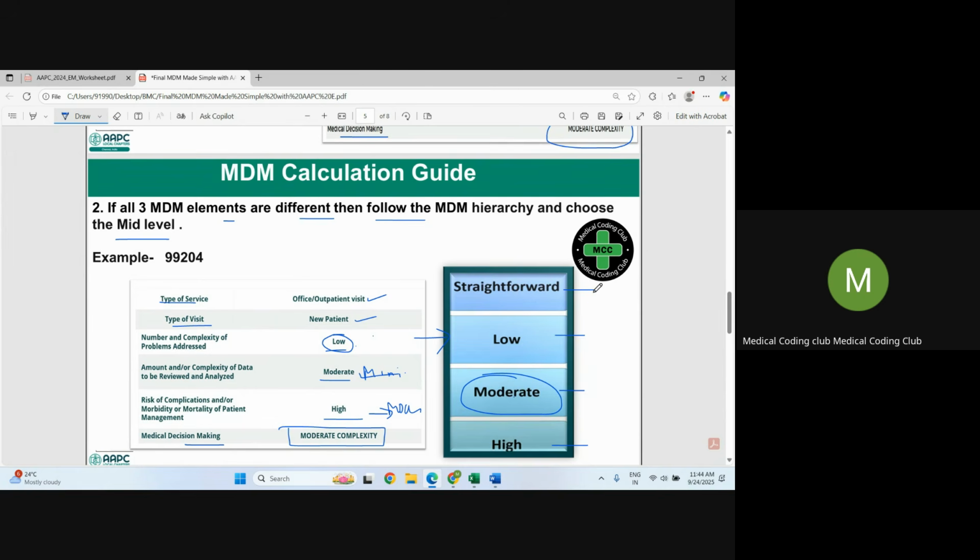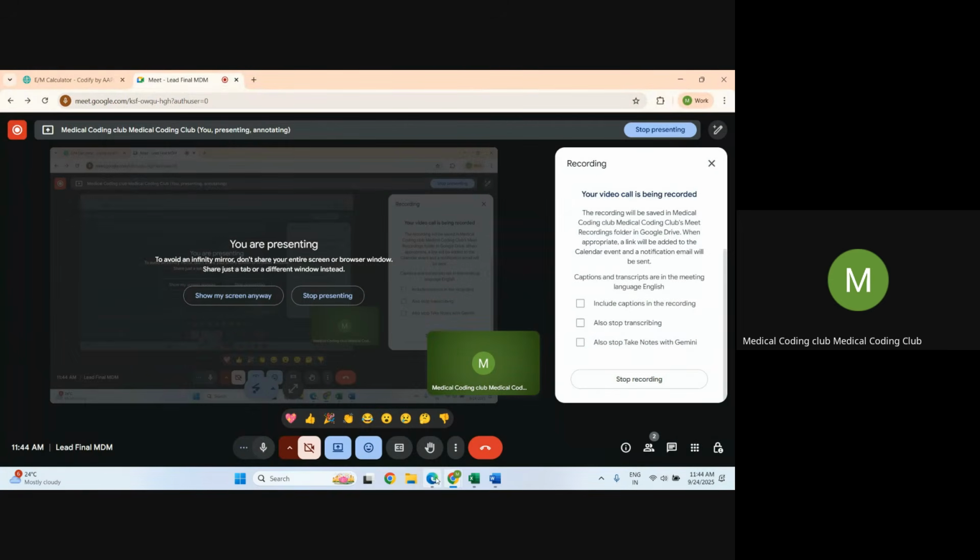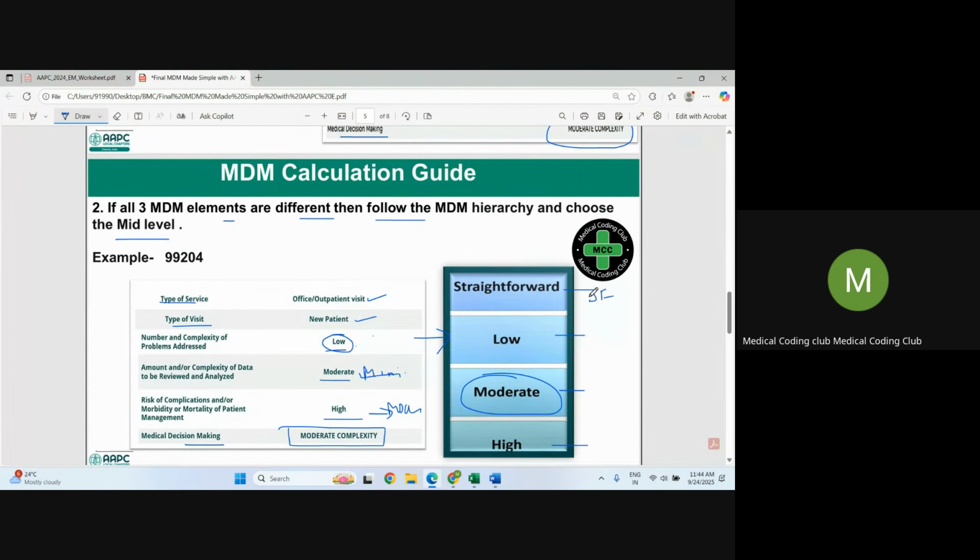Minimal is nothing but you can consider as straightforward. So straightforward, low, moderate is the level you have in my reframed scenario. Then you will get low as the average level, and at that time you have to take your final MDM as low. That is how it works. Just once again, you can check the hierarchy and you will be able to understand.